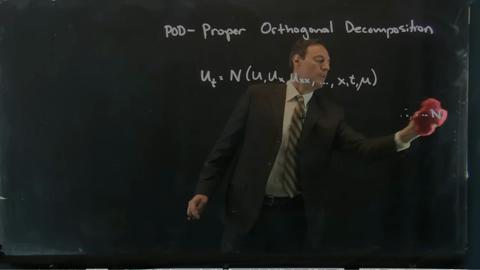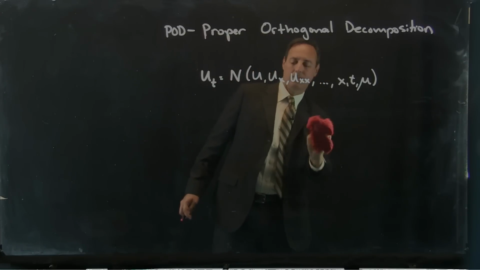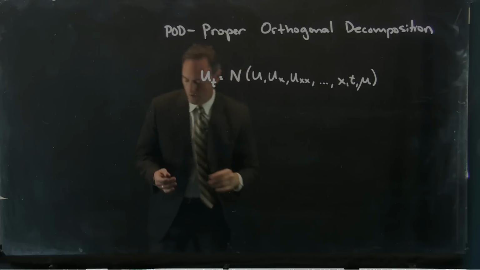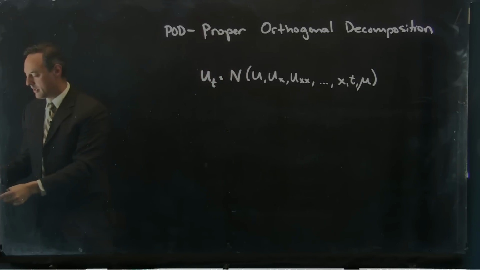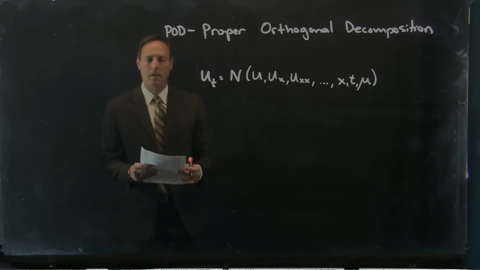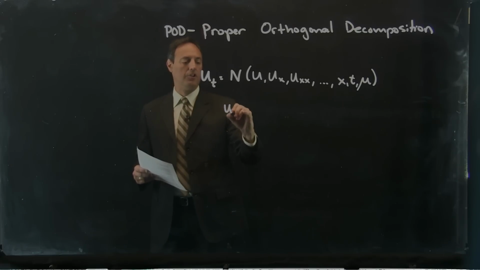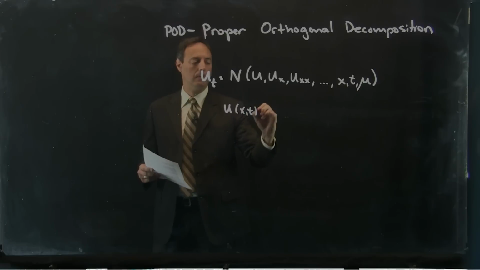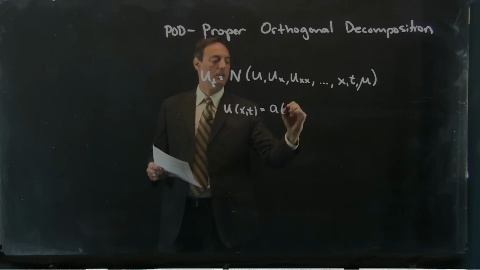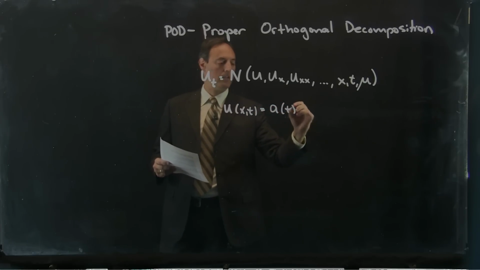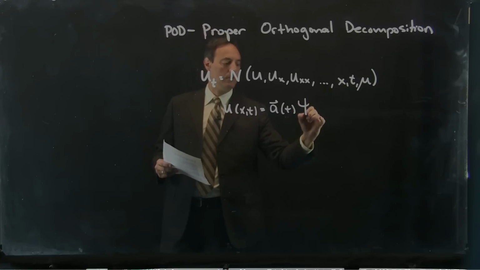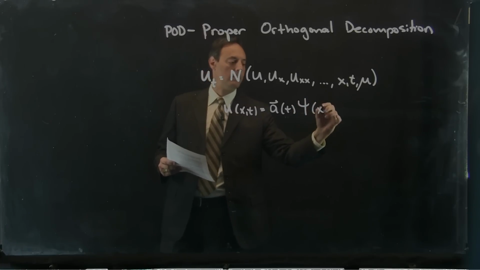So for a system of differential equations like this, if you apply a separation of variables argument, then what you're going to say is that u of x and t is a function of a of t, and make this a vector, times some matrix phi of x.